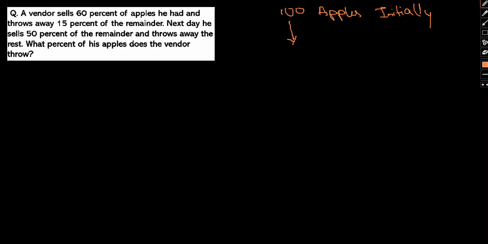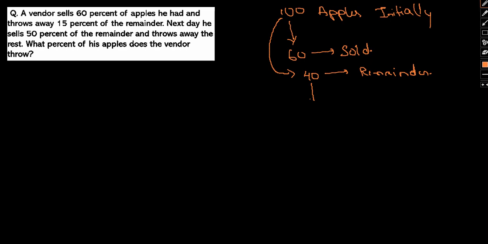He sells 60% of them, so 60 are sold, and then he has 40 as remainder. He throws away 15% of this 40.